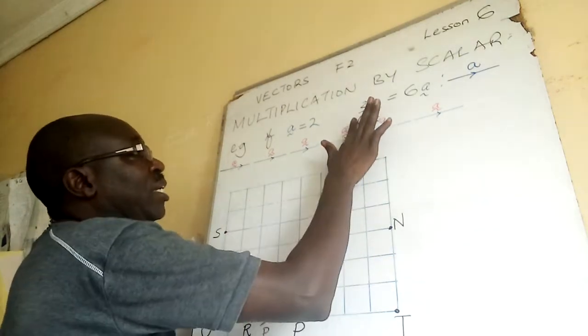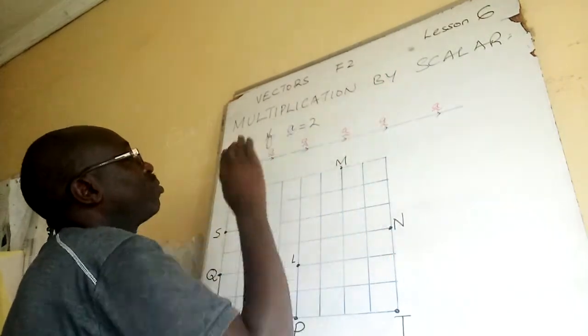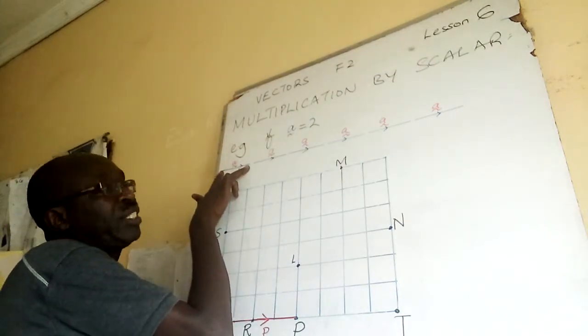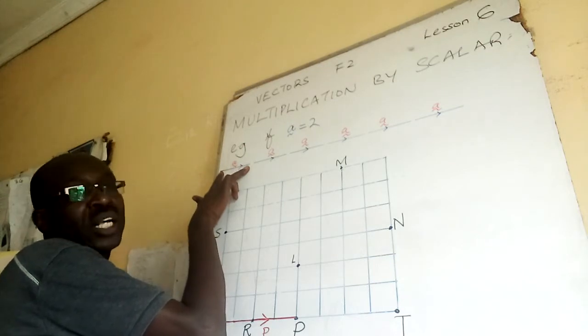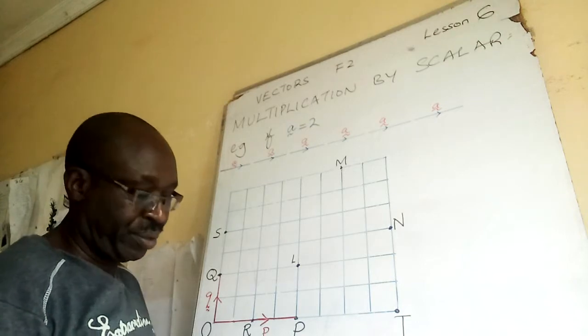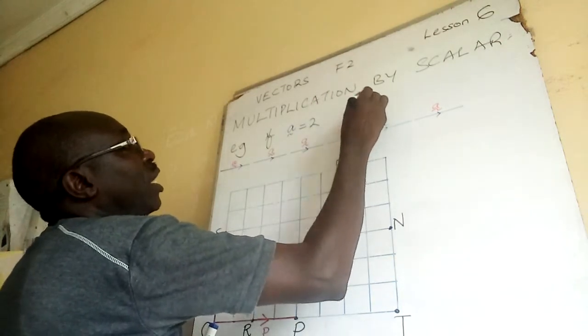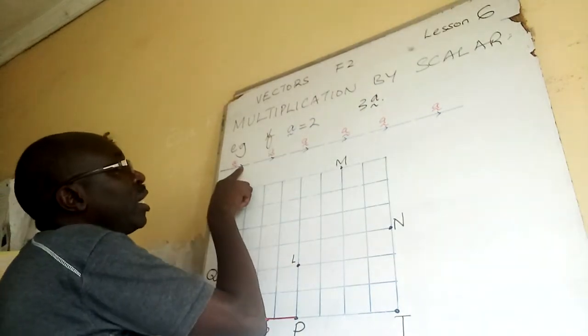So let me start again here. I have A represented by this. Okay? This is A. Now, if I want 3A, that means this A, do it 3 times.